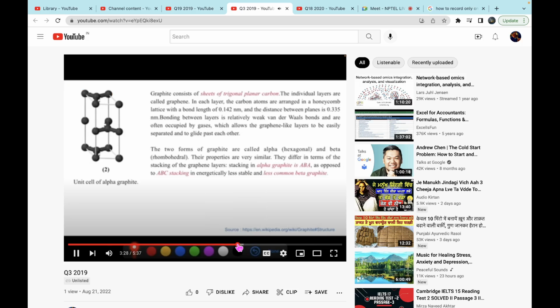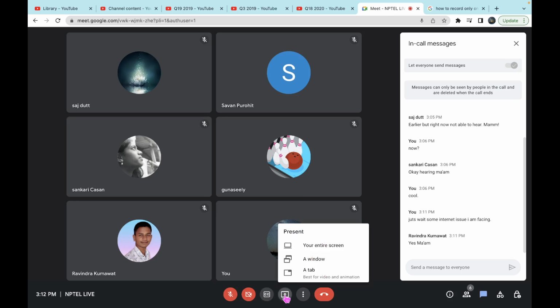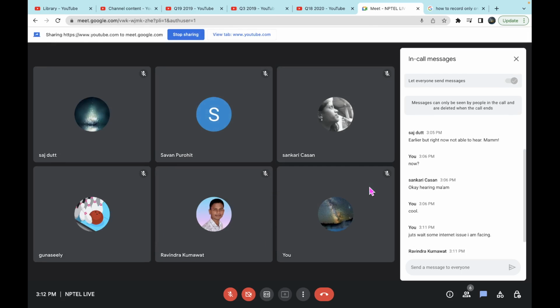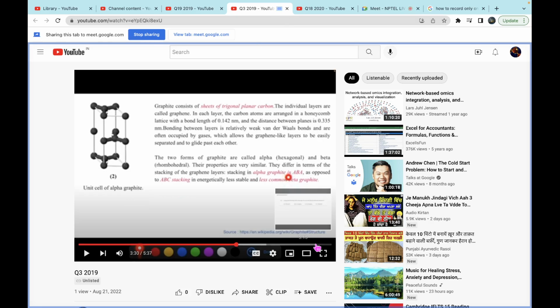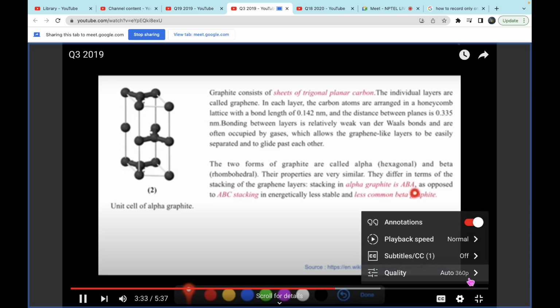Now, what does it mean? It means that in alpha graphite, the stacking is an ABA pattern.